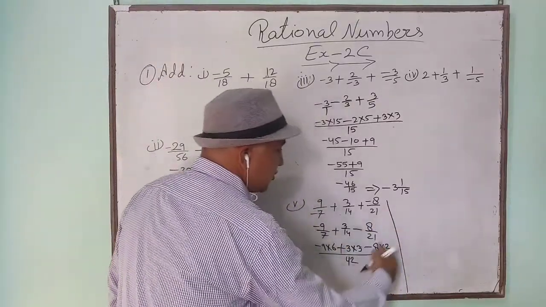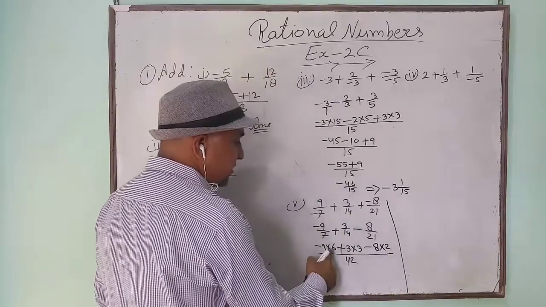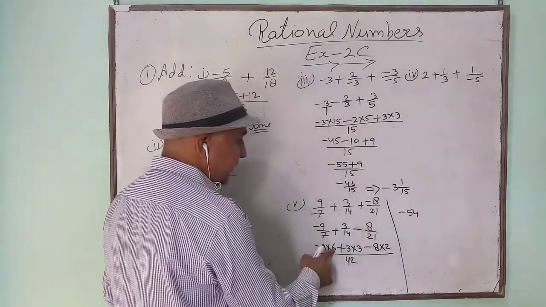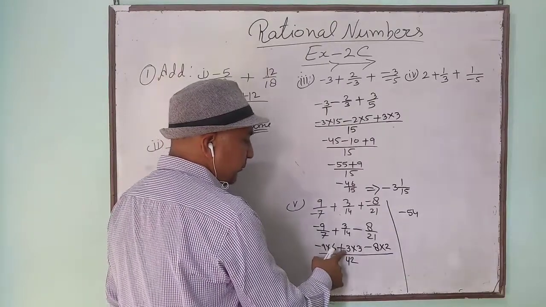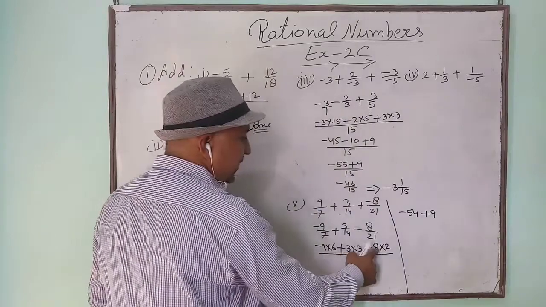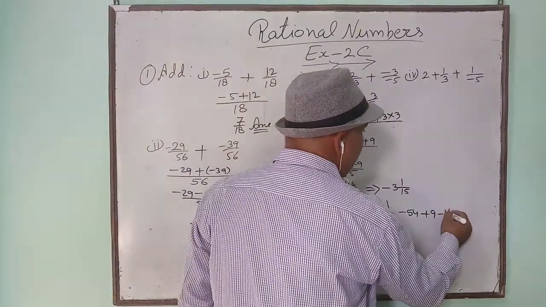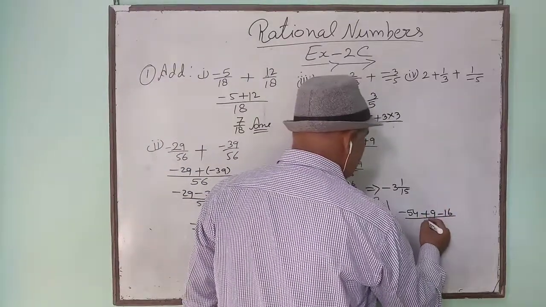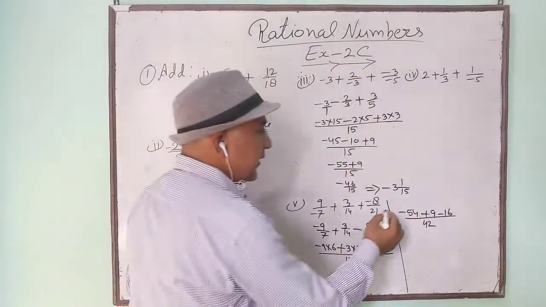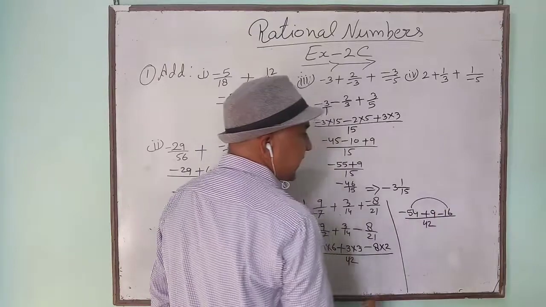See, I am solving this side here. Minus 9 into 6, minus 54, 9 into 6 is 54, plus 3 into 3 is plus 9, minus 8 into 2, minus 16 upon 42. Now see children, here two numbers are negative.